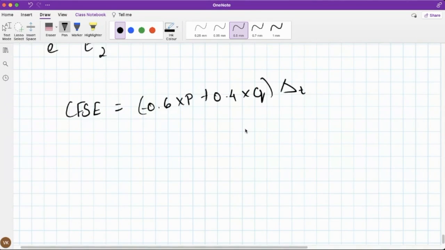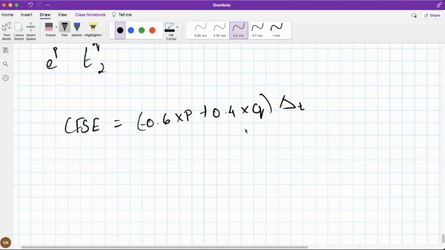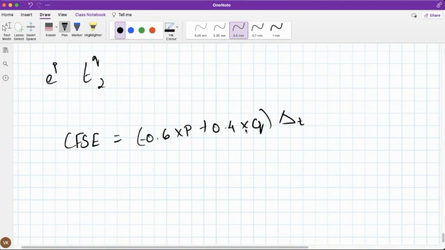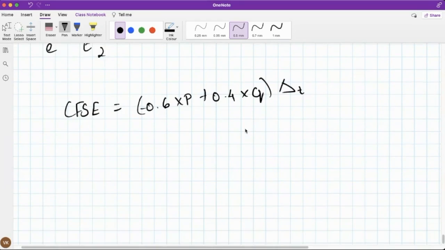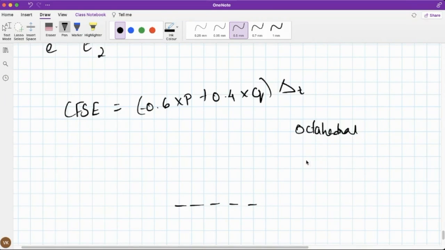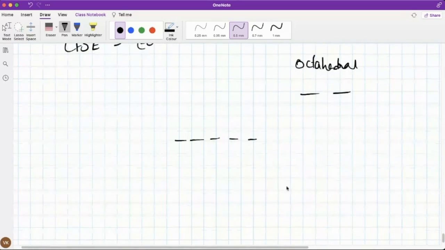Now, before going into the calculation, let me also compare delta t with delta naught. Depending on the ligand, we have tetrahedral and octahedral complexes, right? So let's say this is a free ion. In an octahedral environment, the splitting will be like this, where you have the eg on the top.